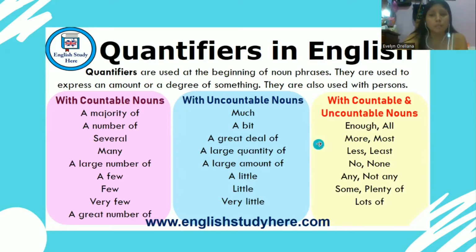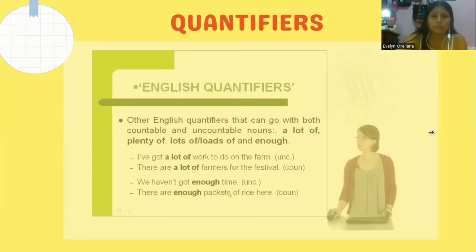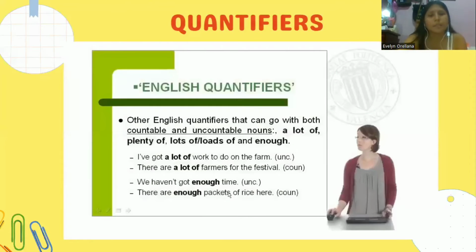With countable and uncountable nouns: enough, all, more, most, less, any, some, plenty of, lots of. Examples with uncountable nouns: I got a lot of work to do on the farm.